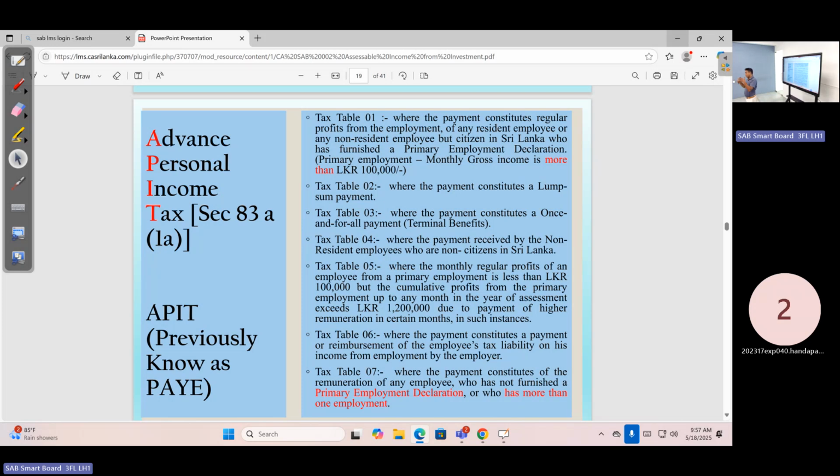Terminal benefits, such as EDF 3%, gratuity, and compensation for loss of office: up to 10 million, tax at 0%. That is an exemption. The next 10 million is taxed at 6%, a reduced rate.